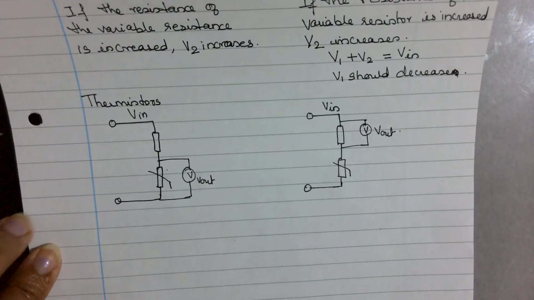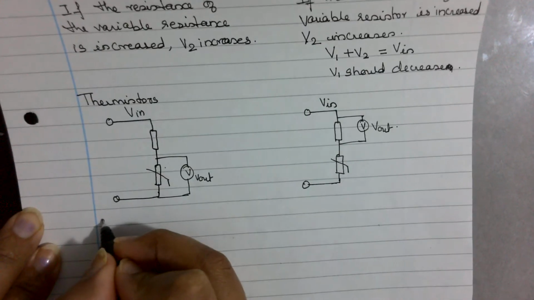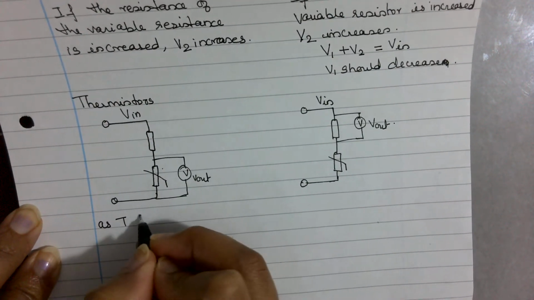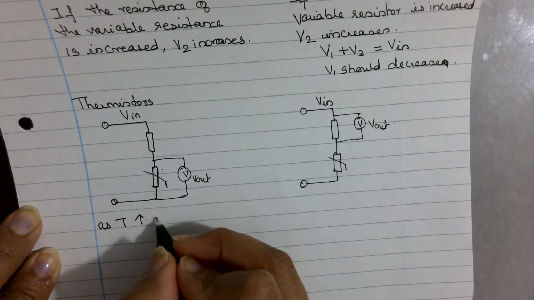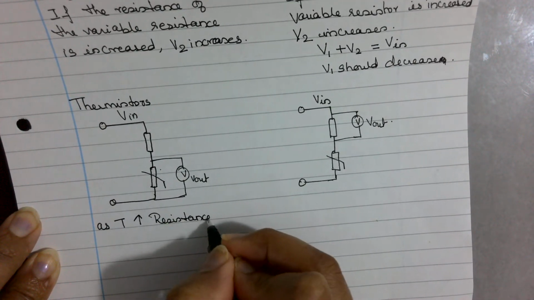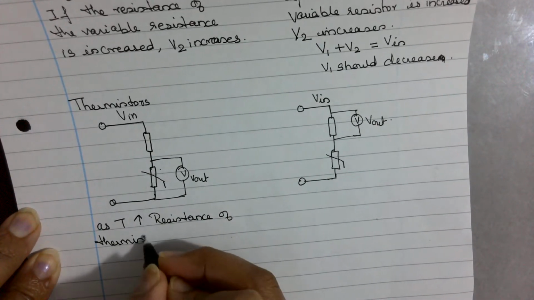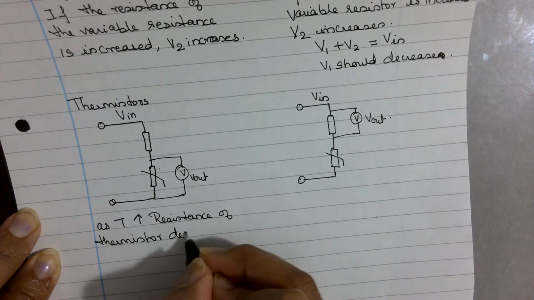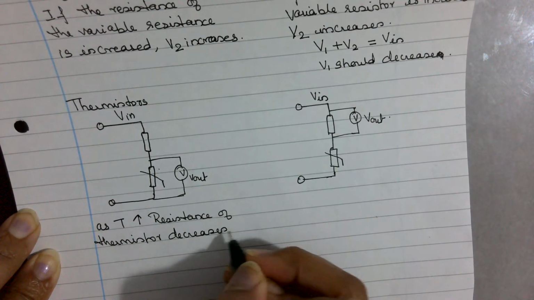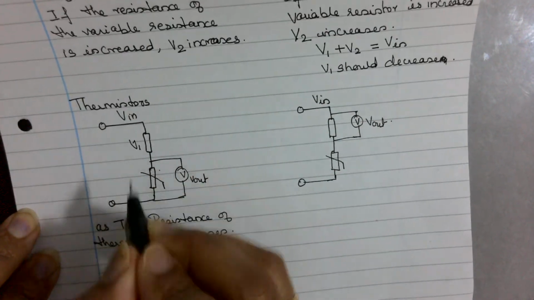Okay, so thermistors, you know that the resistance depends on temperature. As temperature increases, the resistance of the thermistor will decrease. Let's label it as V1 and V2.